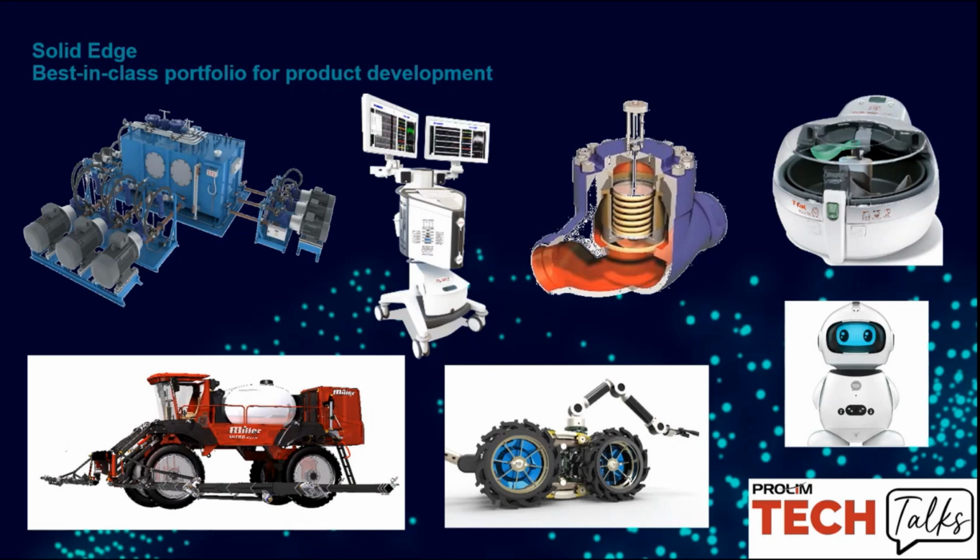Some of these sectors include industrial machinery, heavy equipment, including agricultural equipment, energy and utility equipment, automotive aftermarket and supply chain companies, medical devices, consumer products, and robotics. Solid Edge is a proven solution for manufacturers in these different industry sectors. Some of these may actually be with us here today.